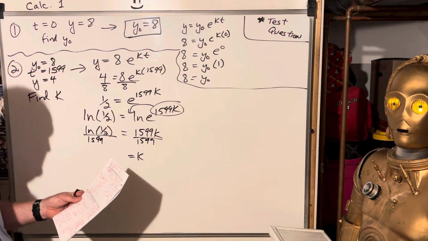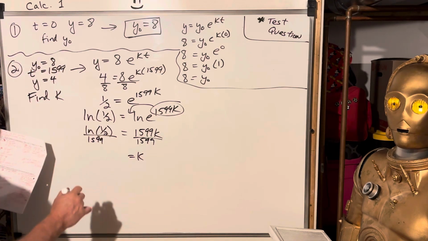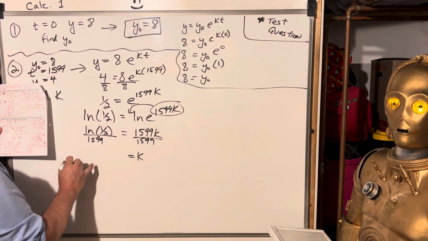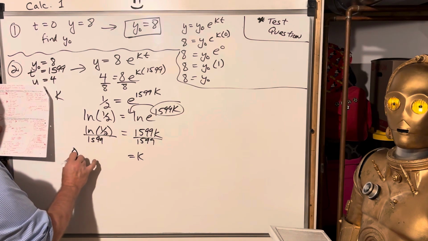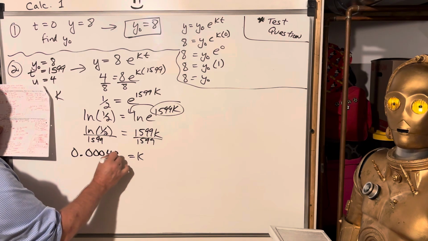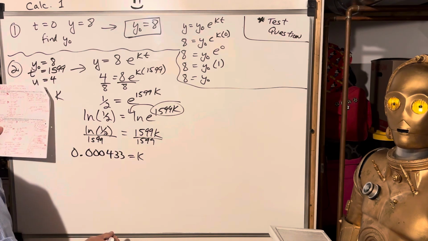All right. So when you take the natural log of 0.5 and then divide by 1599, you get 0.000433. That is my constant.